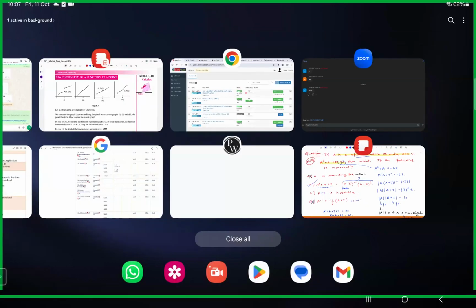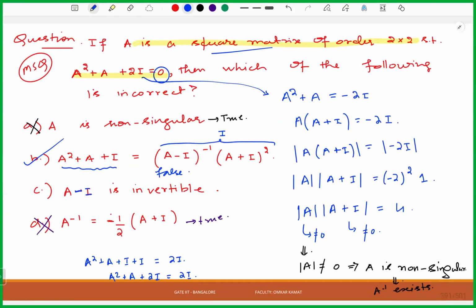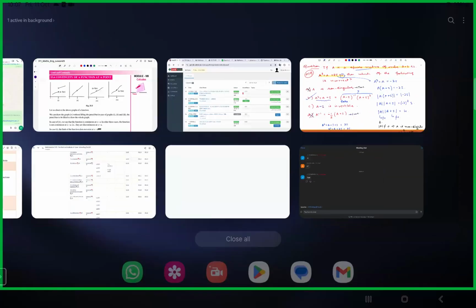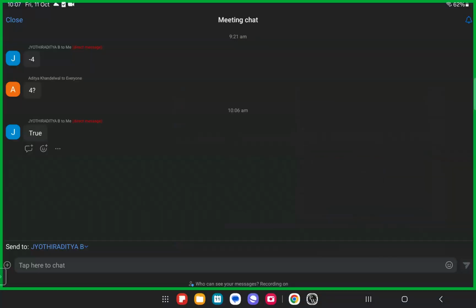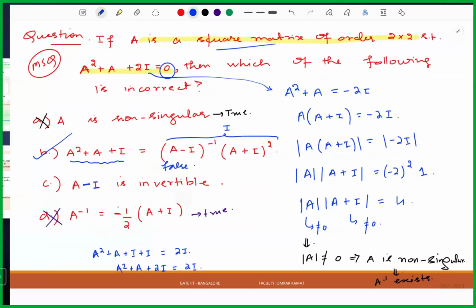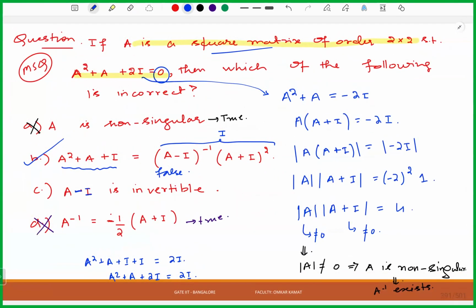True means answer is correct or incorrect. It is invertible. Okay, fine.